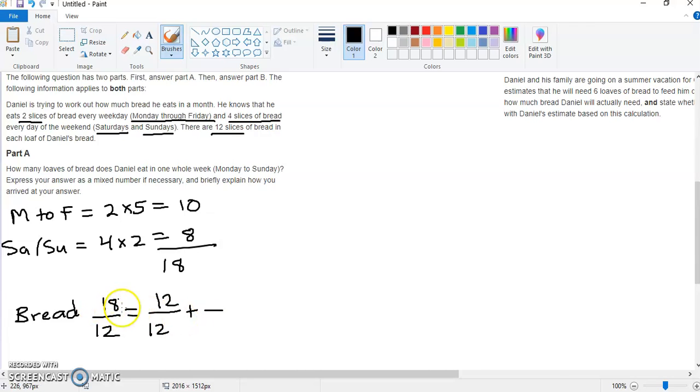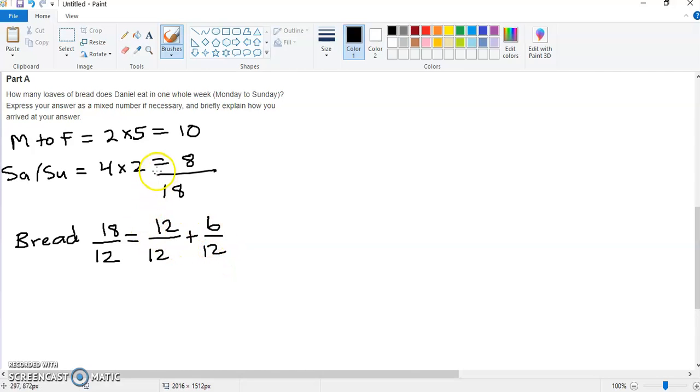But we still have 18 slices here, so we have to add another fraction. So our denominator is still 12, but if I have 12 slices that are eaten, how many more do I need to get to 18? Well, that's 6. So I hope you see here, there's some special fractions. The first thing we have to recognize is that if he eats 12 out of 12, that's the same thing as 1 whole loaf.